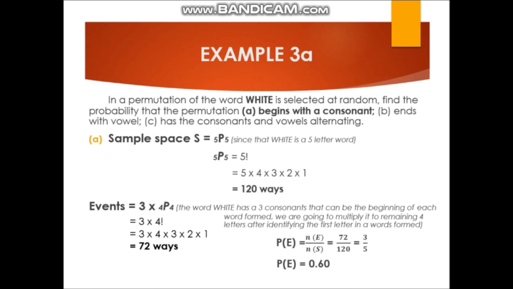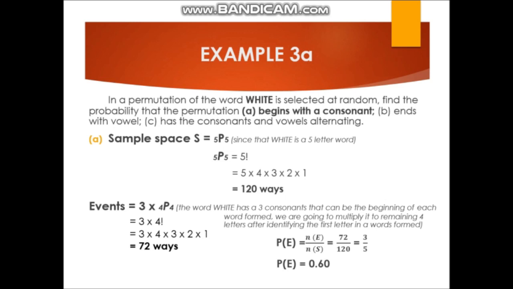Okay? Ulitin ko, kaya po ang ginawa natin solution is 3 times 4P4 kasi tatlong letter yung consonant that are W, H, and T. I-multiply natin siya sa 4P4 kasi once na makapag-select na tayo ng first letter, it's either W, H, or T, ang matitira na lamang na letter is 4. Kaya yung 4 na yun ang irarambol natin ng position para makabuo tayo ng marami pang arrangement.